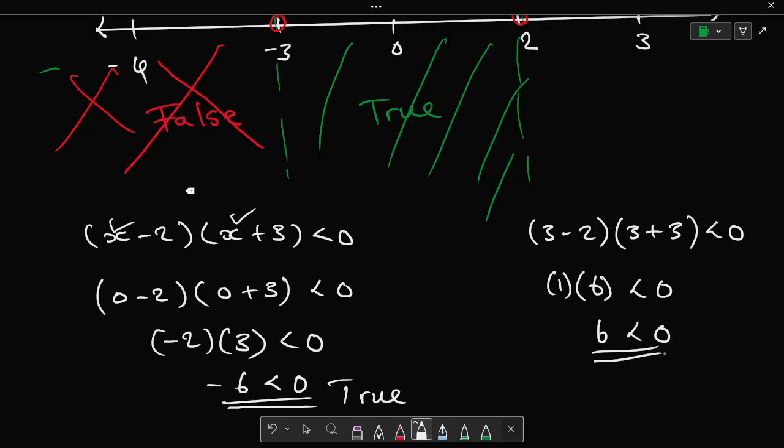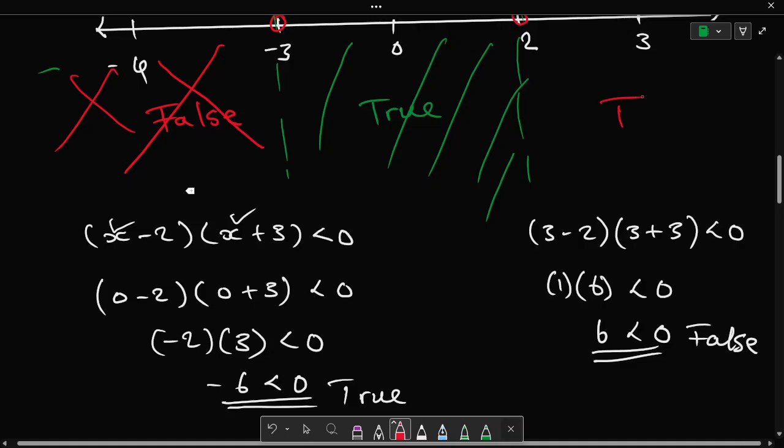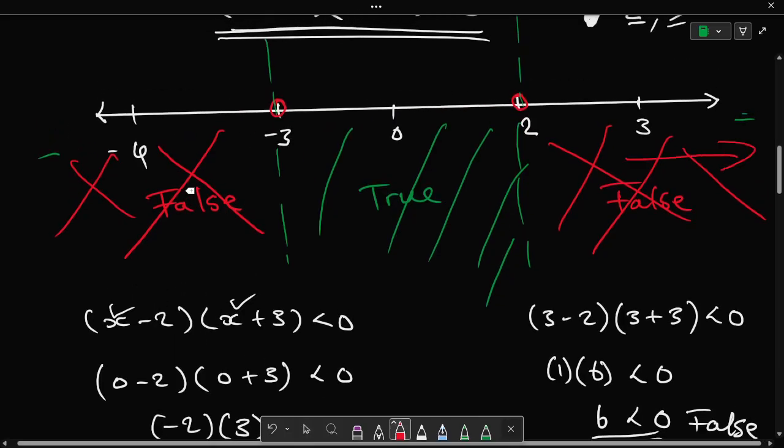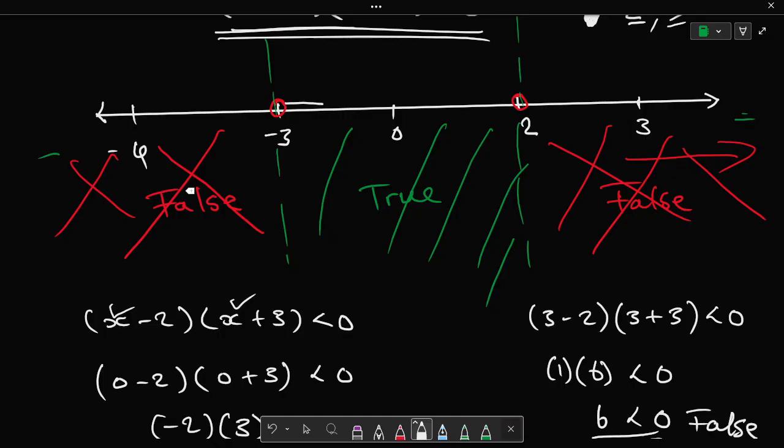Is this statement true? No, 6 is not less than 0. So this statement is false, meaning that the solution cannot be found in this region going in this direction. So from this we'll find that the solution is only being found here.